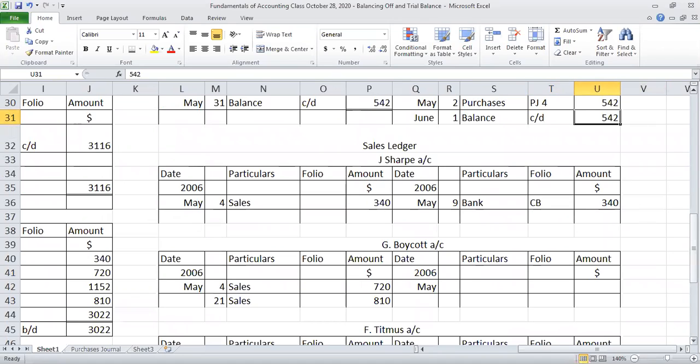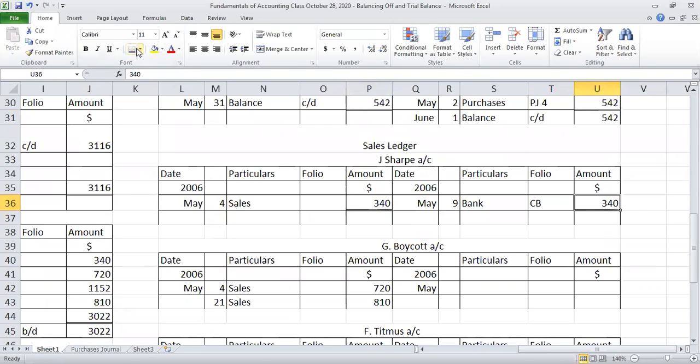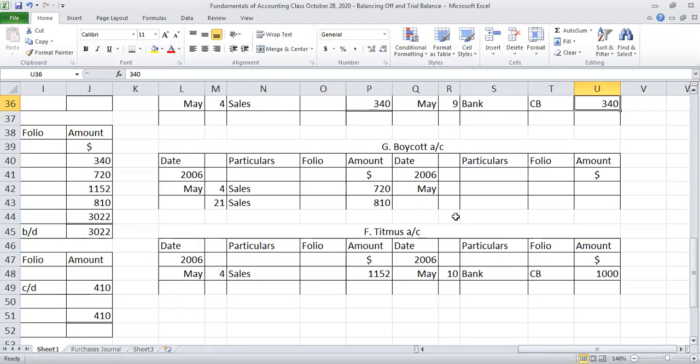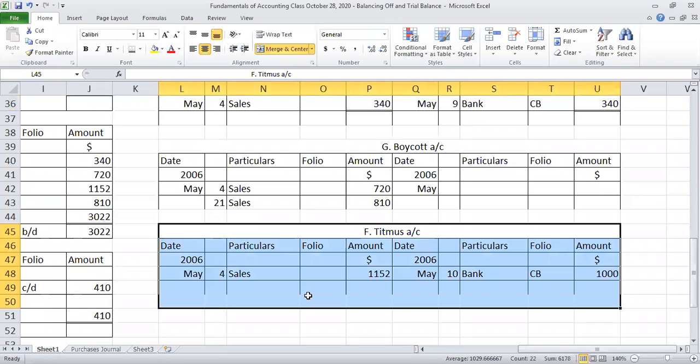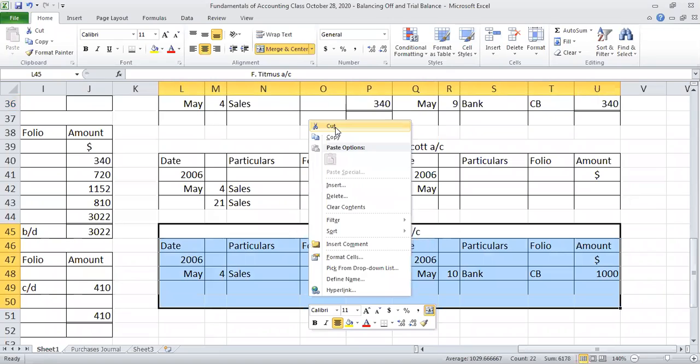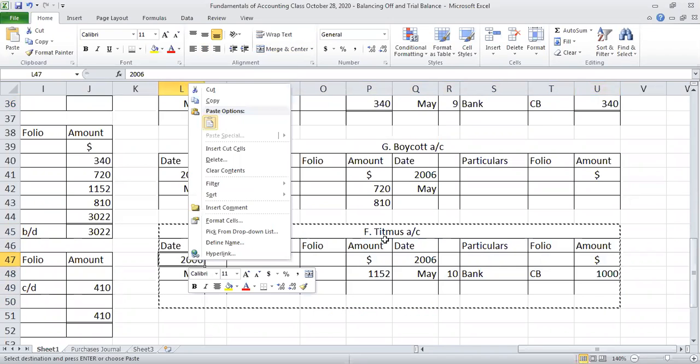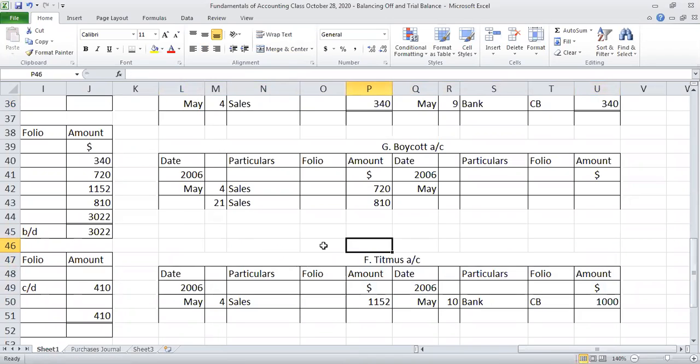In this case now, J Sharp's account is already balanced, so there's nothing to do. Just put in the double line. J Sharp's account would not go into the trial balance because there's what? Zero balance. Then you look at G Boycott now. Balance of G Boycott now.